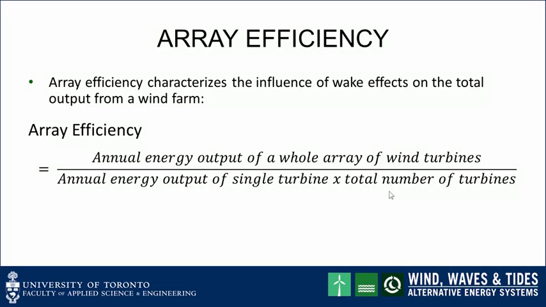So we take the annual energy output of a single wind turbine at the site by itself without any other wind turbines around to influence its performance. So that characterizes the undisturbed flow. We multiply that by the total number of turbines, and that gives us our comparison.